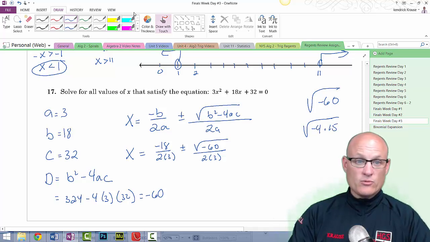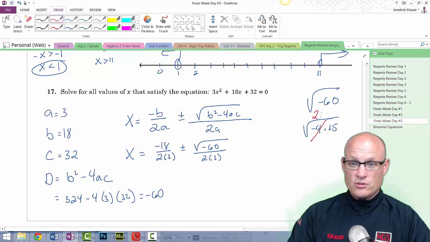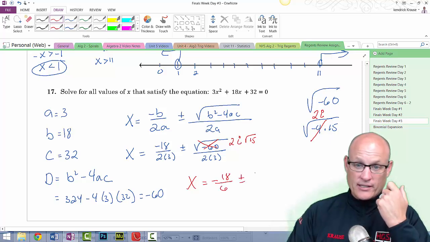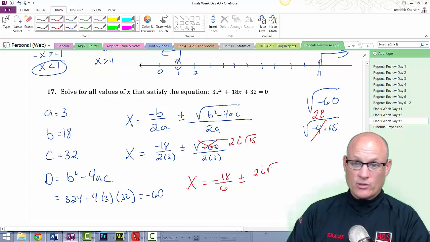Now the square root of negative 4 is 2i. So this thing here becomes 2i square roots of 15. So I simplify it. X equals negative 18 over 6 plus or minus 2i square roots of 15 over 6.